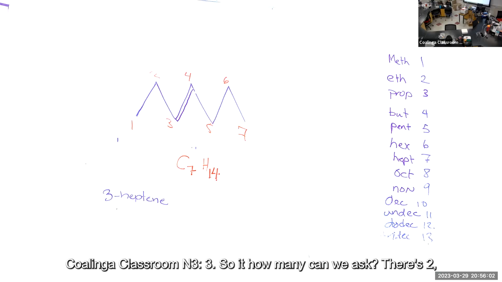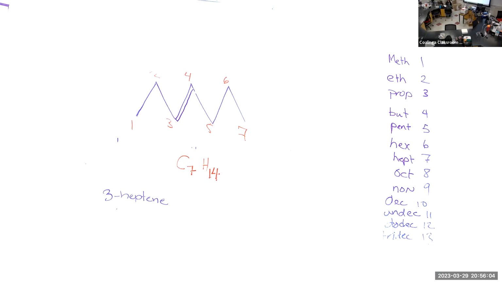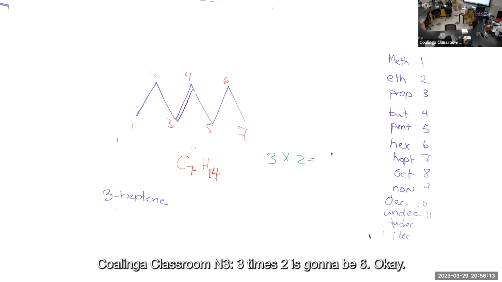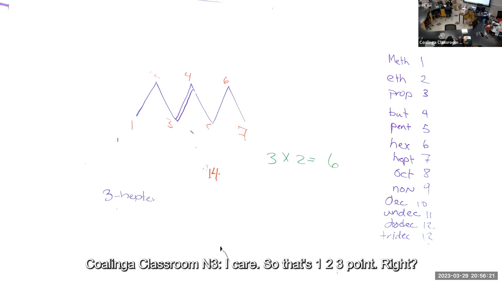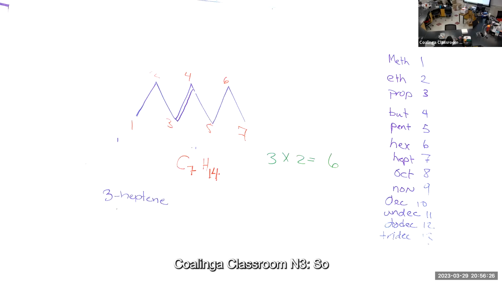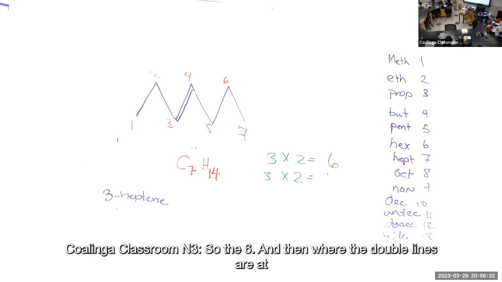There are 2 ends, so 3 times 2 is 6. Then there are 3 points in the middle, and each has 2, so 3 times 2 is also 6.